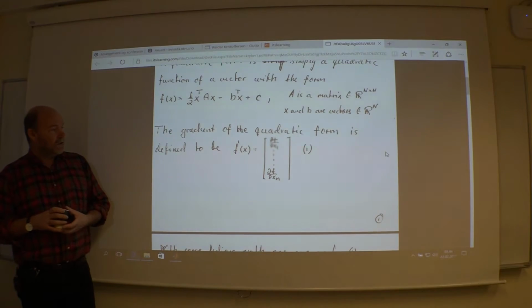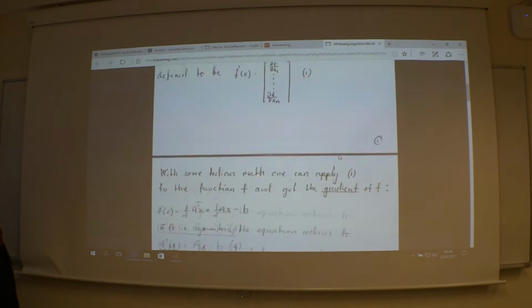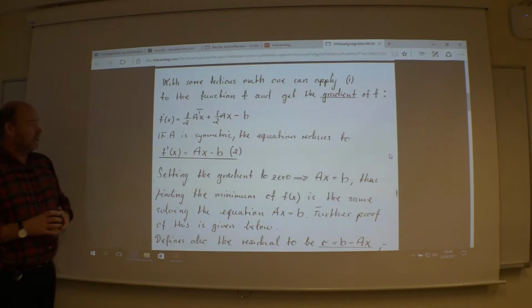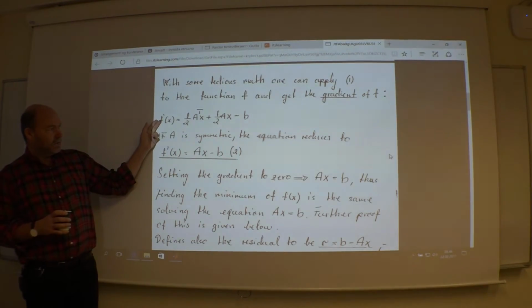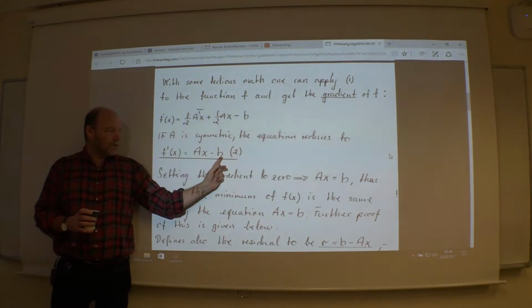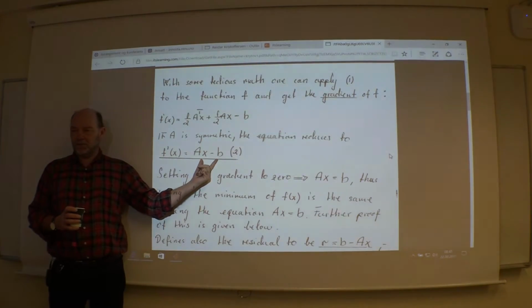Now, what's so good about that? Well, if you take the derivative of that function, it can be shown that the derivative becomes our equation system. So when you have found the place where all these gradients are 0, you actually have a solution to the equation system.